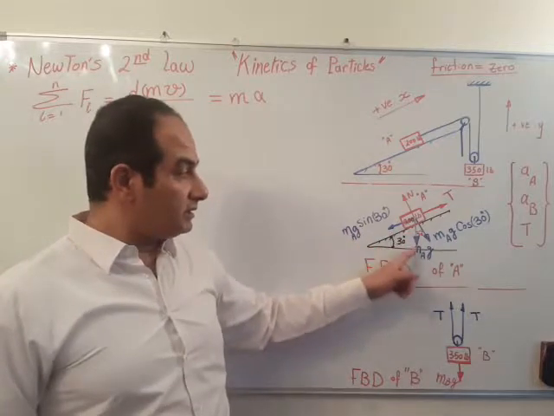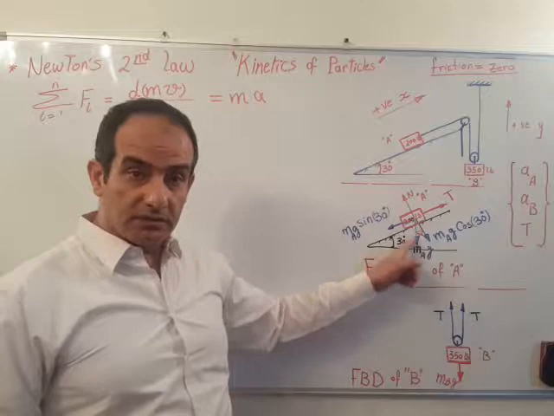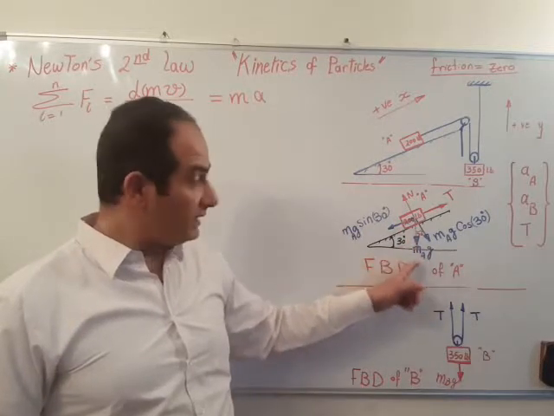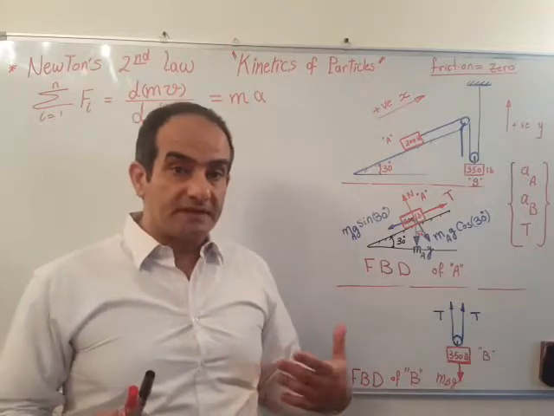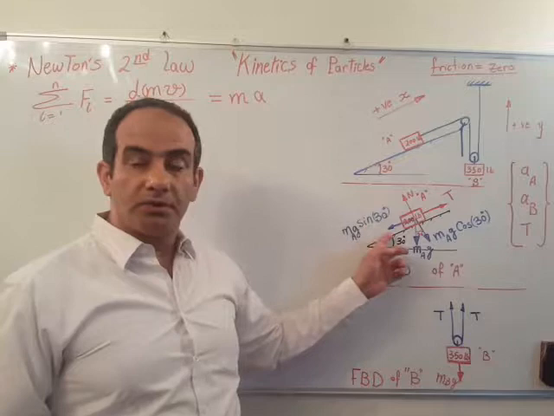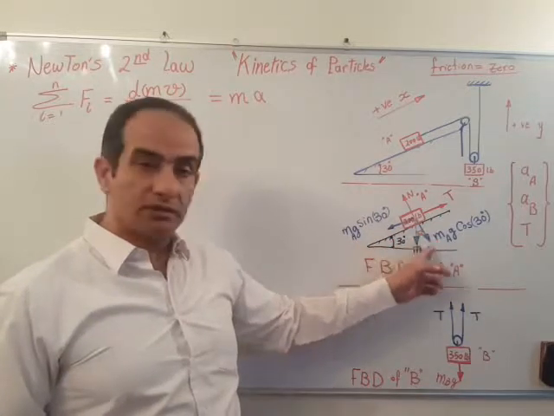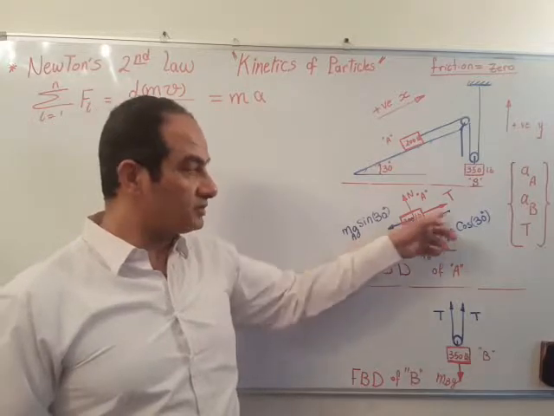As you can see, we have the weight of mass A, MAG, that you can represent in two components. One is perpendicular to the surface, and one is parallel to the surface.